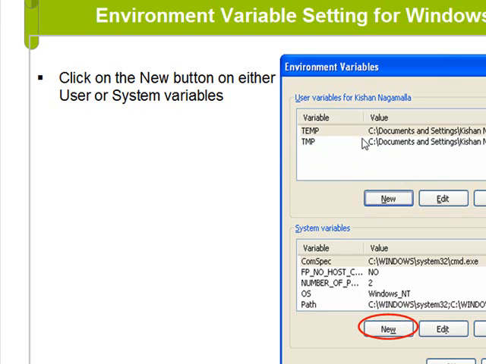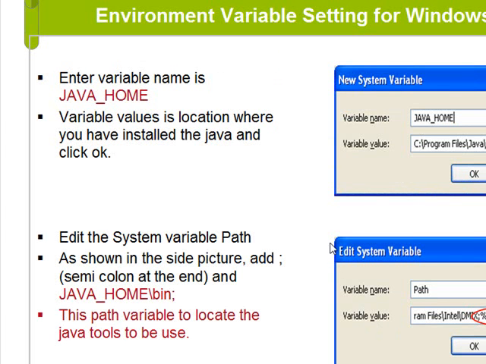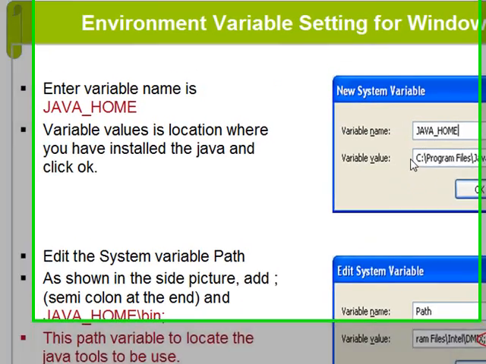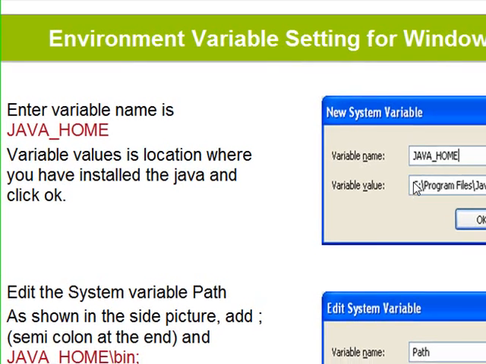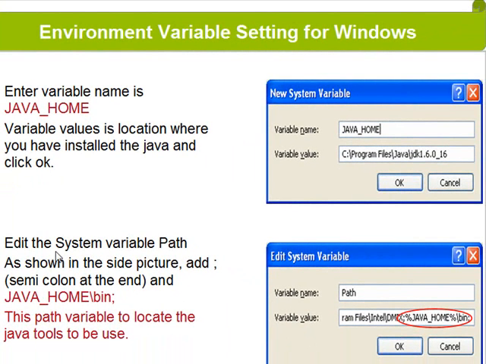Otherwise it will be applicable only for the specific user. Click on New and specify JAVA_HOME, where exactly you installed the JDK software. By specifying the Java home, you are telling the system where your Java software is available.